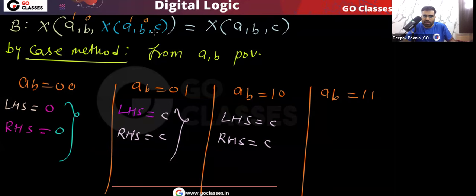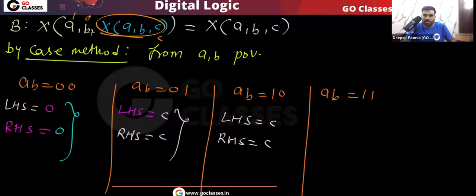Now notice one thing. If C is 0, then this third component will become 0. If this C is 1, this third component will become 1. So can I say this third component is same as C? Yes or no? C0 third component 0, C1 third component 1. So I can say this third component is same as C.